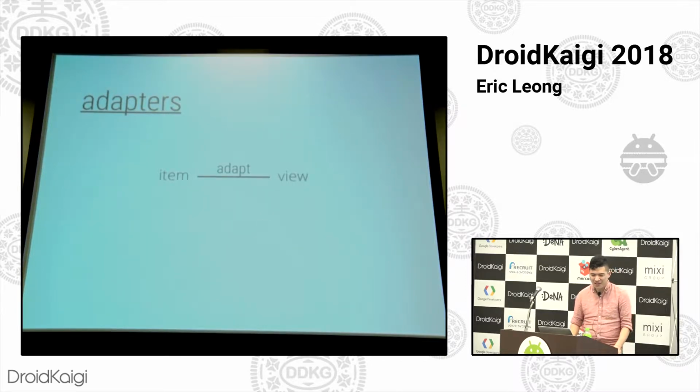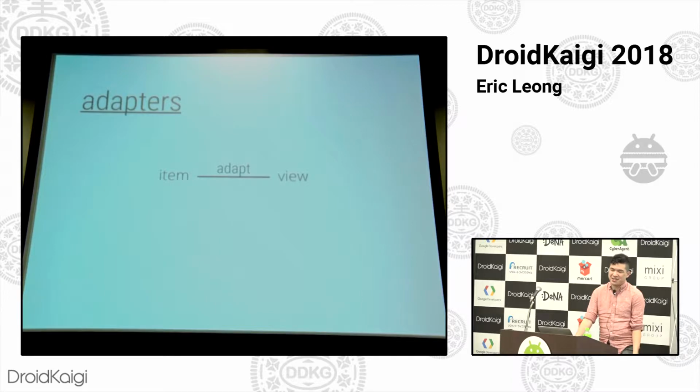Cool. All right, this is enough of background, of history. I'm going to jump into a little philosophical discussion here about what we're trying to do in a RecyclerView adapter.